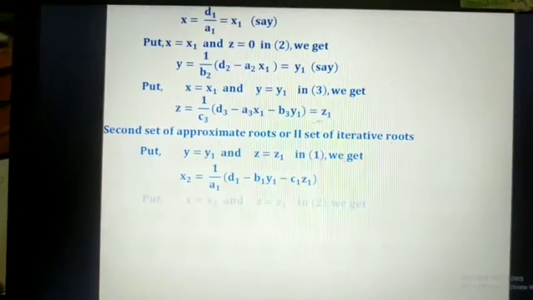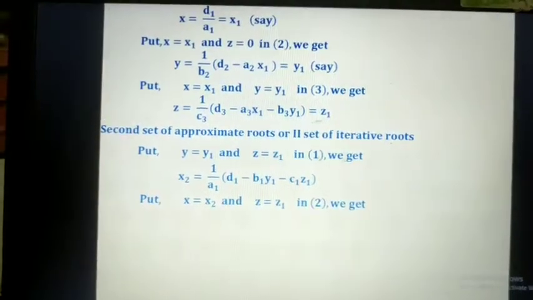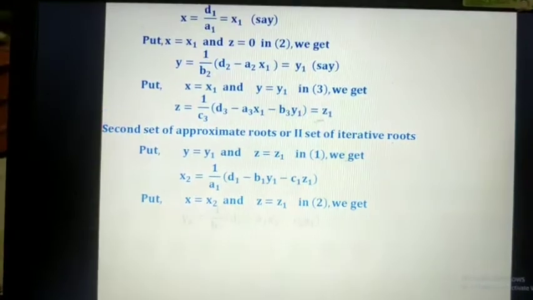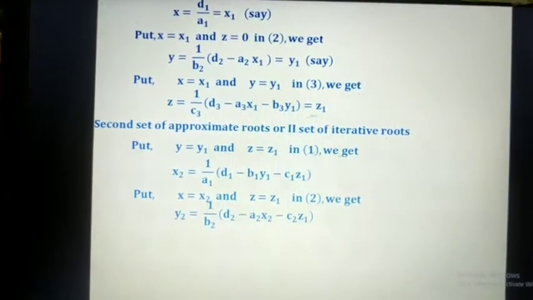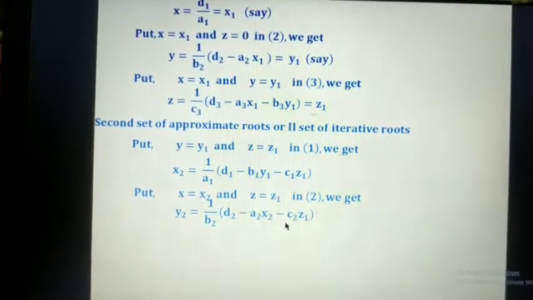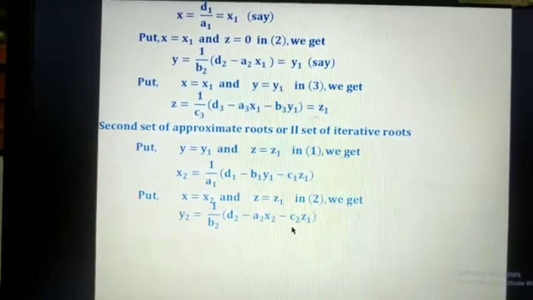Next, put x equal to x2, z equal to z1 in equation 2, we get y2, that is 1 divided by b2 into bracket d2 minus a2x2 minus c2z1.